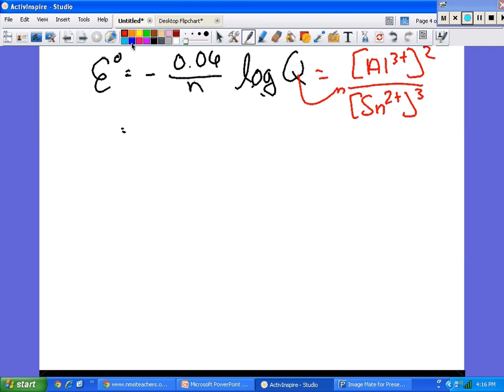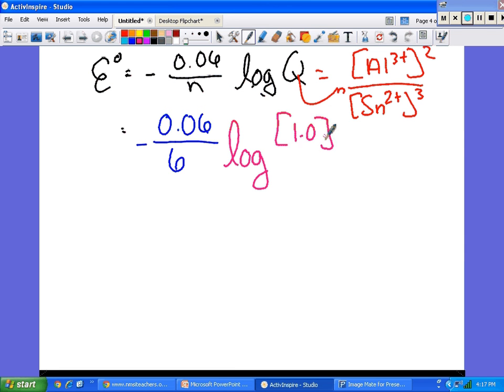The number of moles balanced, right? Cancel. What was it? 6. And then we're going to take the log, and they gave us the concentration values. Aluminum was 1.0 squared, and then it said the Sn ion concentration was what? 0.01, and that is cubed. This is a difficult calculator problem. It just takes some time. It takes figuring it out.